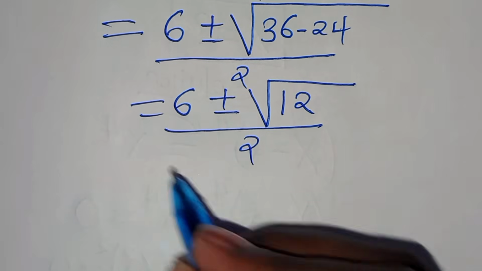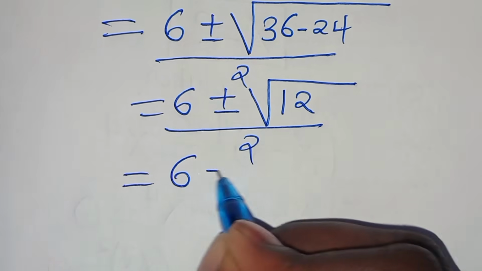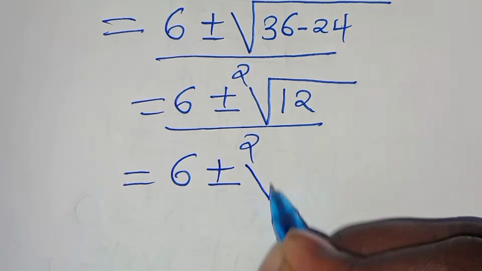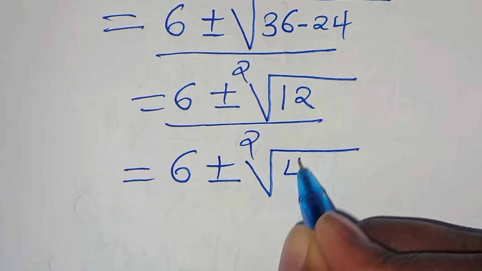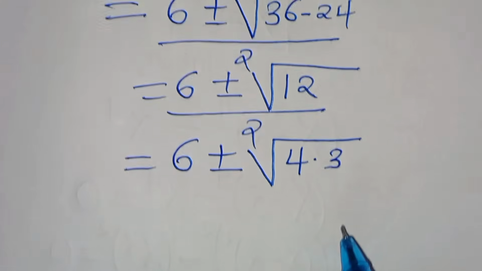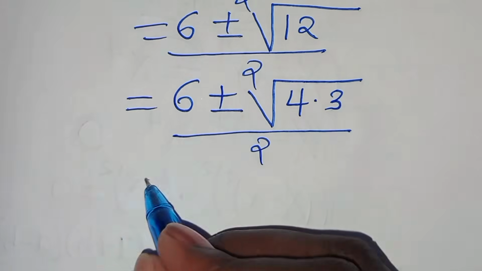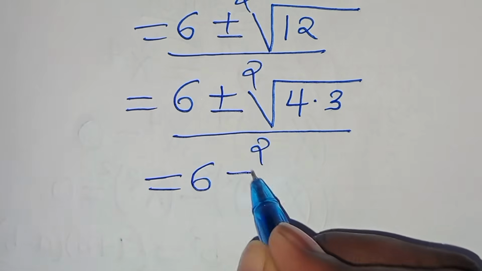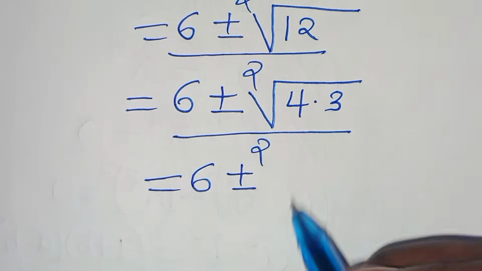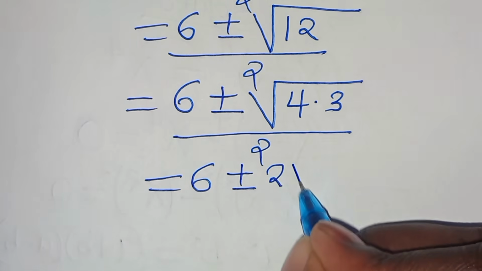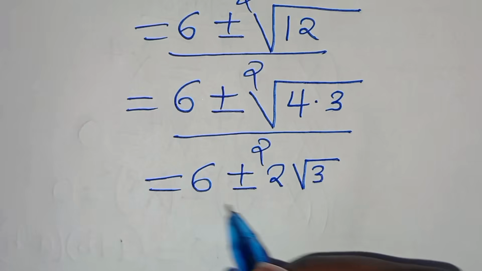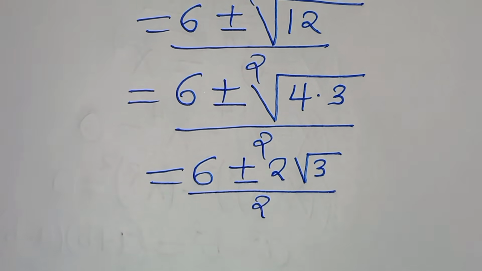Now we have 6 plus or minus the square root of 12, which is the square root of 4 multiplied by 3, divided by 2. So here we have 6 plus or minus the square root of 4, this is 2, then square root of 3, everything divided by 2.